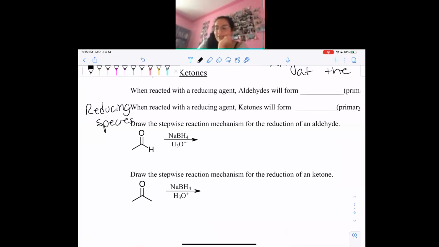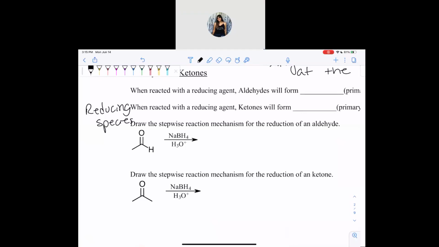Does anyone remember? So another way I can ask, oh, yes, there we go. So the reducing species is the H minus. You are correct. So the H minus is what's actually doing the attacking.